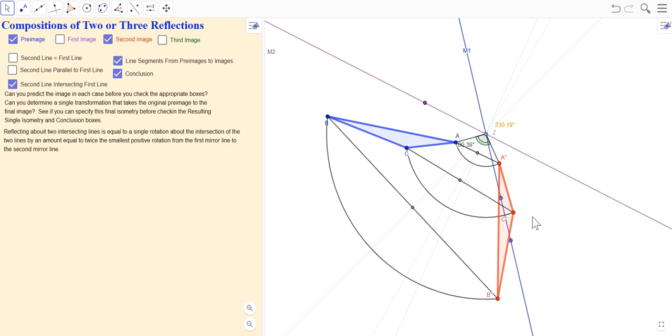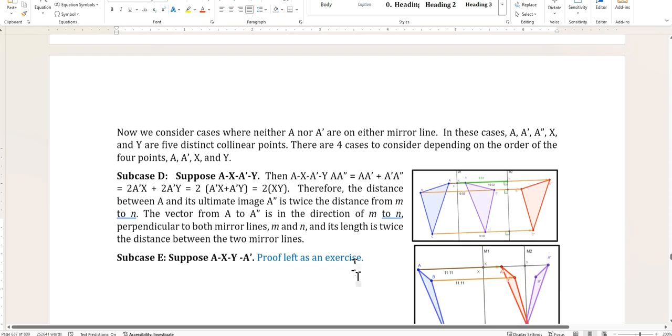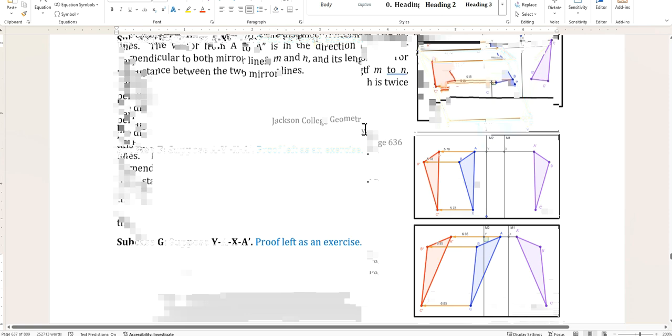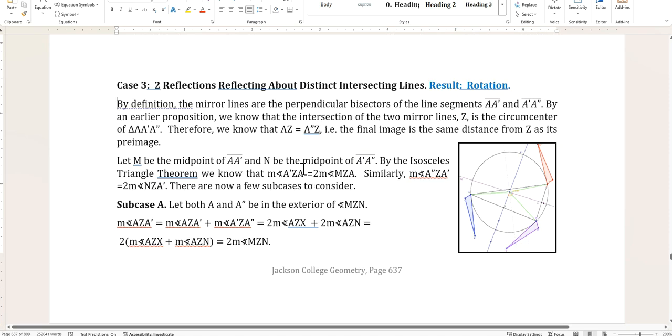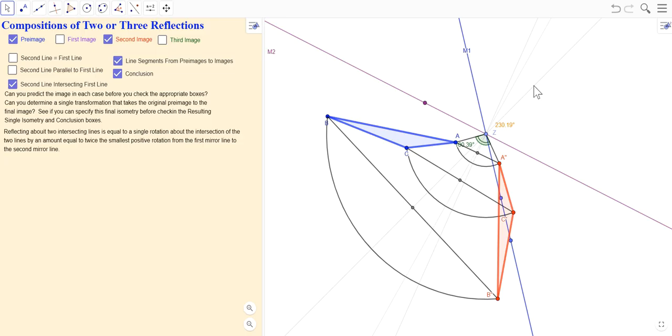So how do we go about actually proving this? It's a little bit challenging here because of the different cases that we come up with. So the first case, let's look at this.